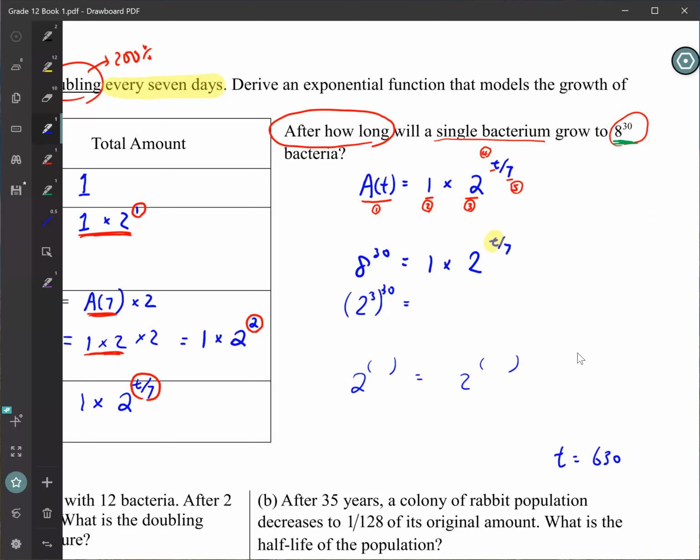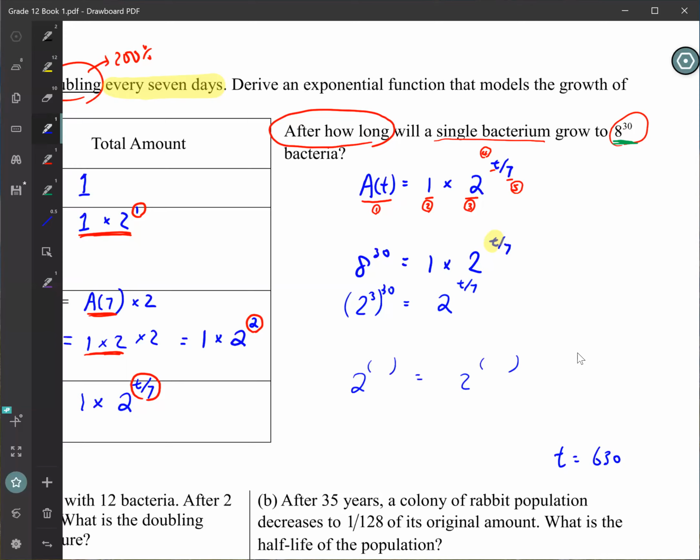So if you want to get rid of the multiplying, you need to divide. So you can divide both sides by 1, okay? But if you divide by 1, it doesn't really do anything, right? Anything divided by 1 is still the same. So the right-hand side will just be 2 to the t over 7. Make sense? Yes. Yeah, okay.